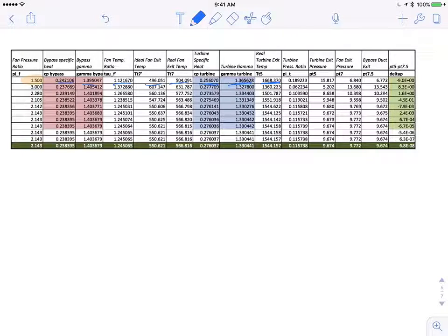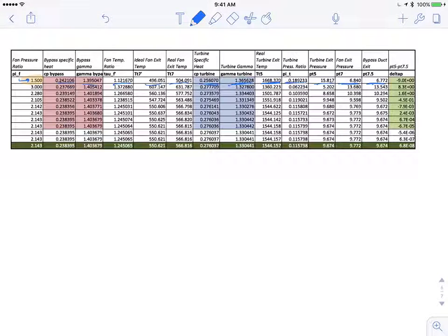And once we know the turbine temperature, we can calculate the turbine pressure ratio and turbine discharge pressure. And then we can get PT7, the fan discharge pressure, again just directly from our guess of pi f over here, and with the losses in the bypass duct, we can calculate the pressure at the duct exit.